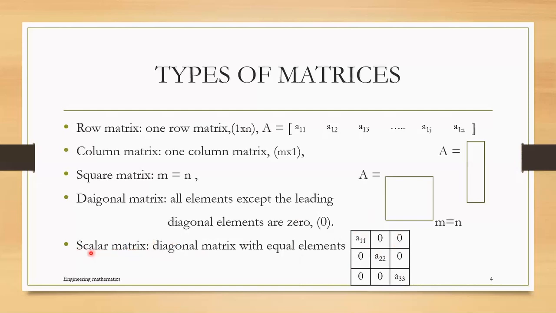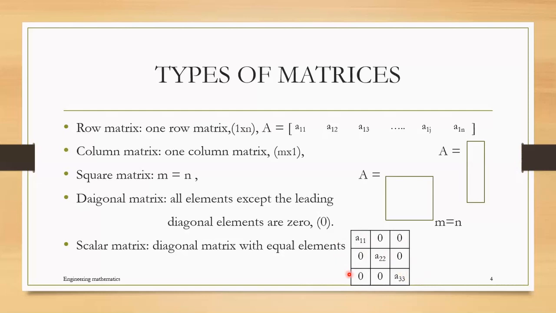Then it is called a scalar matrix. So it is a diagonal matrix with equal elements, like 4, 4, 4 or 5, 5, 5. Any value can come here, but they should be equal, and the matrix should be square.